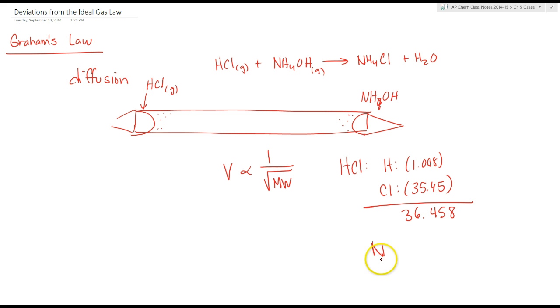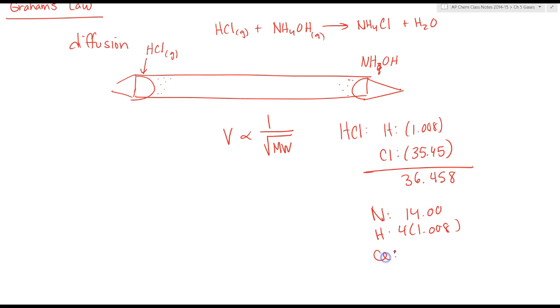And then we have ammonium chloride, which is 14, and then Cl, which is ammonium hydroxide. What am I talking about? Ammonium hydroxide, which gives us a molecular weight of about 105.